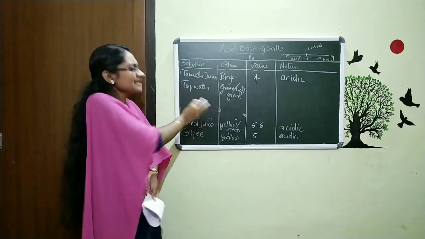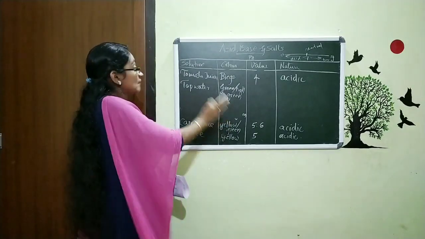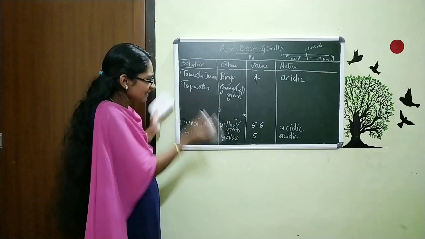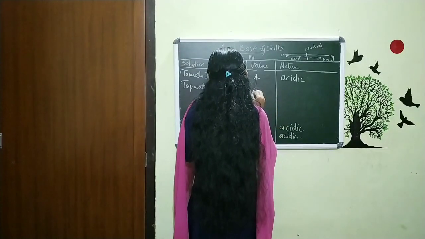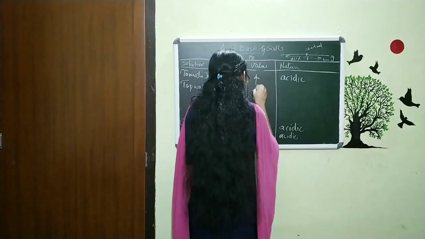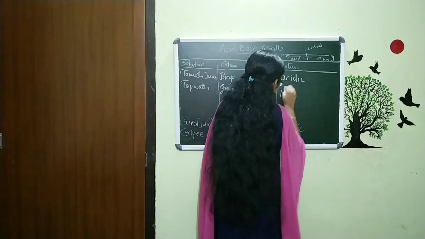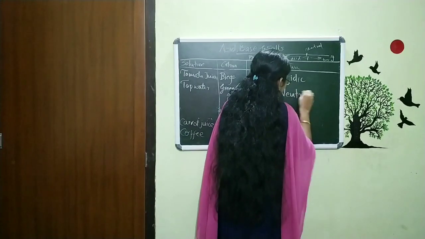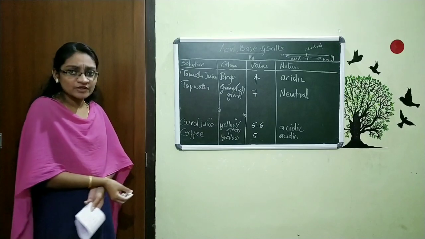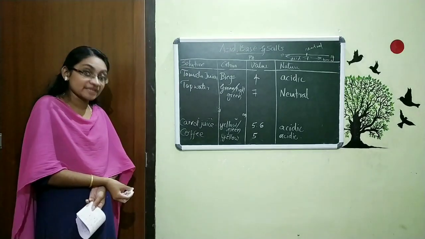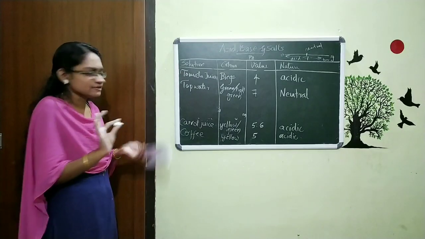So I am just taking some value for a particular tap water. Don't think that all tap water has this value. These are just assumptions. It has a value 7 and we can say it is neutral. Some variations are there. Sometimes it may be 7.1, 7.2 or 6.9, 6.8.